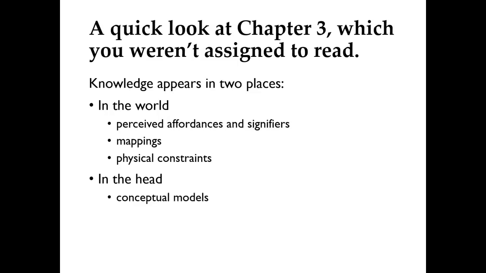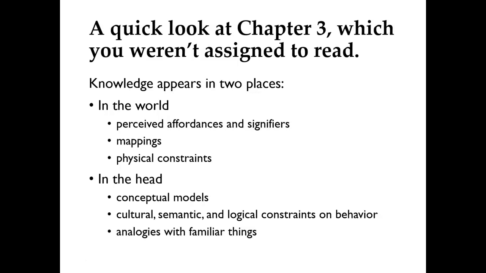In the head, we've got our conceptual models of how the world works. We have cultural, semantic, and logical constraints on our behavior, and we also have analogies with familiar things. There's a word called skeuomorphism, which is interesting, but I'm not going to assign it. You might want to look it up on your own. It was mentioned in chapter 4 toward the end.